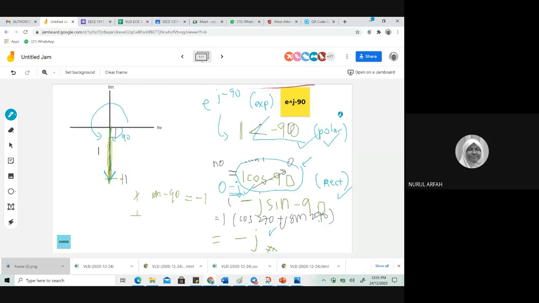If you use your calculator cosine 270, do you get the answer or not? Is it equal to 0? Okay, if this is equal to 0, then it's still valid, but usually we will not use more than 180 degree to write down, but it's still valid. Okay, all right, very good.